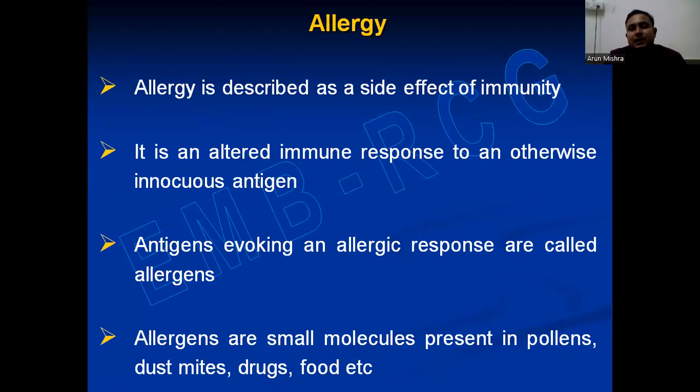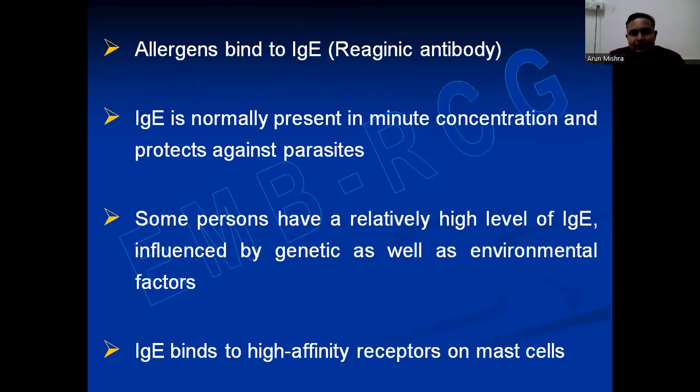Allergy is described as a side effect of immunity. It is an altered immune response to an otherwise innocuous antigen. Antigens evoking an allergic response are called allergens, and allergens are small molecules present in pollen, dust mites, drugs, foods, pets, etc. Allergens bind to immunoglobulin E, the reaginic antibody.